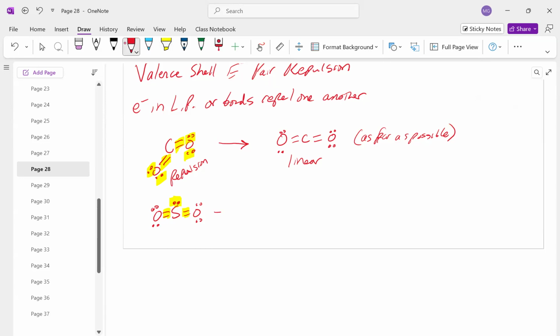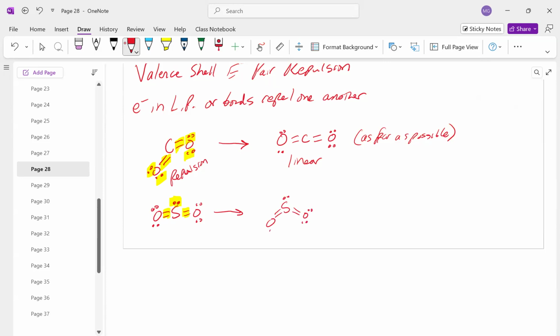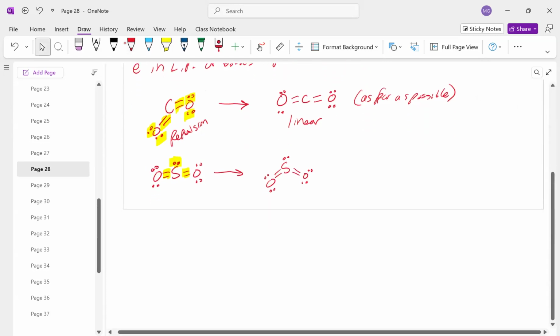And so the best way for sulfur dioxide to spread out to maximize the distance between the lone pair and the bonds is to adopt this sort of shape. It's not linear, it's not like carbon dioxide. But we'll get to what kind of shape we would call this.